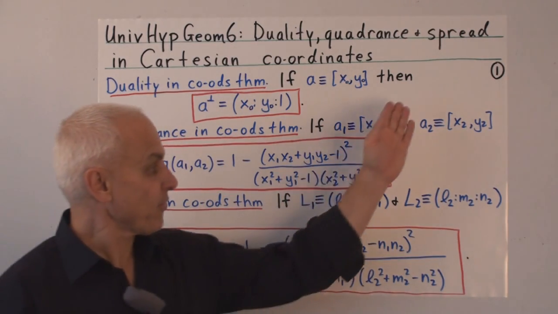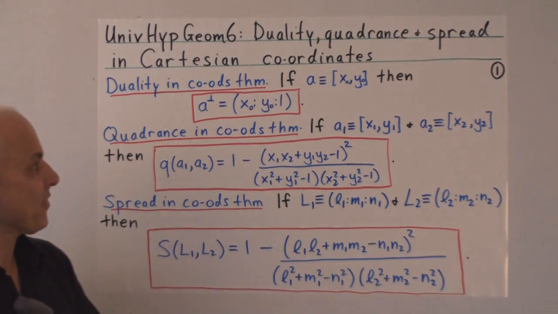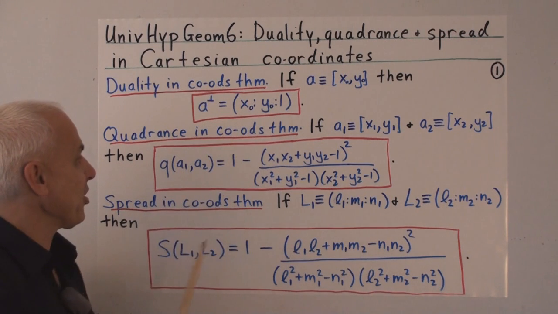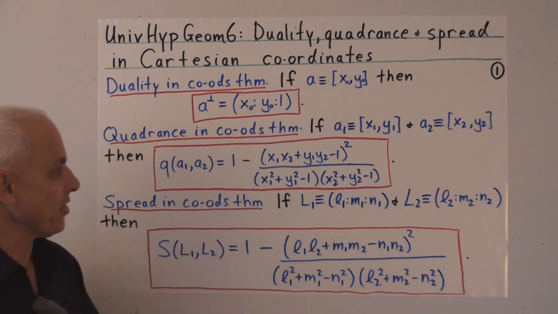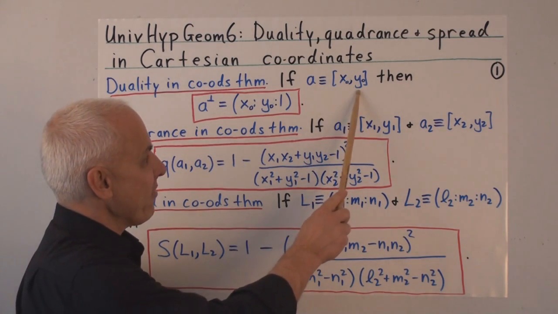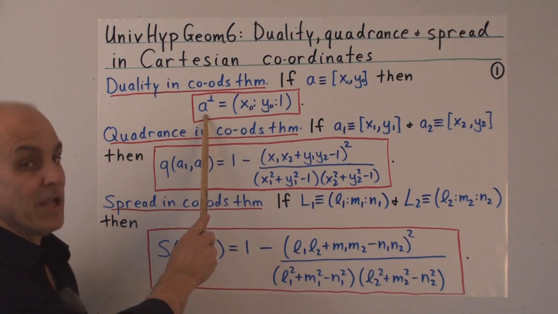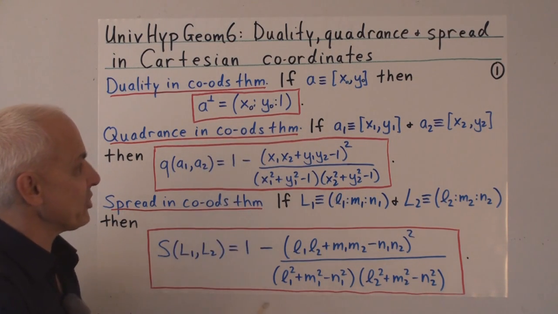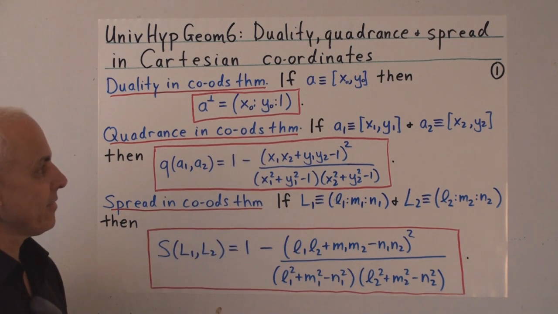So we're going to derive three main theorems here. The first one is the duality in coordinates theorem, then the quadrance in coordinates theorem, then the spread in coordinates theorem. What they tell us is, first of all, if we have a point x0, y0, then the dual line is given by this expression, x0 : y0 : 1.